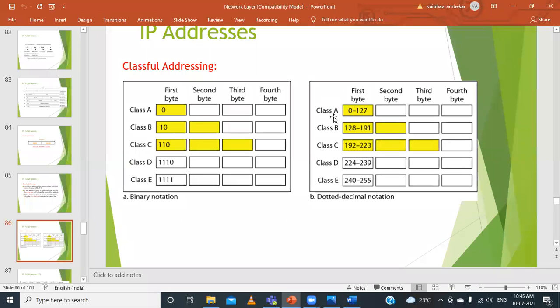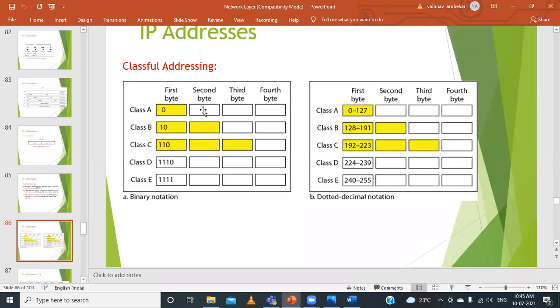You can observe that every byte, whether it is the first byte or second byte and so on, can take a value from 0 to 255. That means for every particular field, we can have 256 combinations. The first byte can take a value from 0 to 255, the second can take from 0 to 255, and so on.